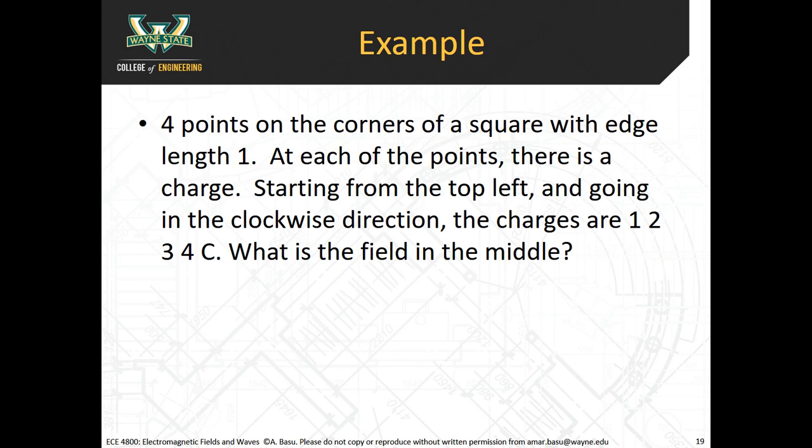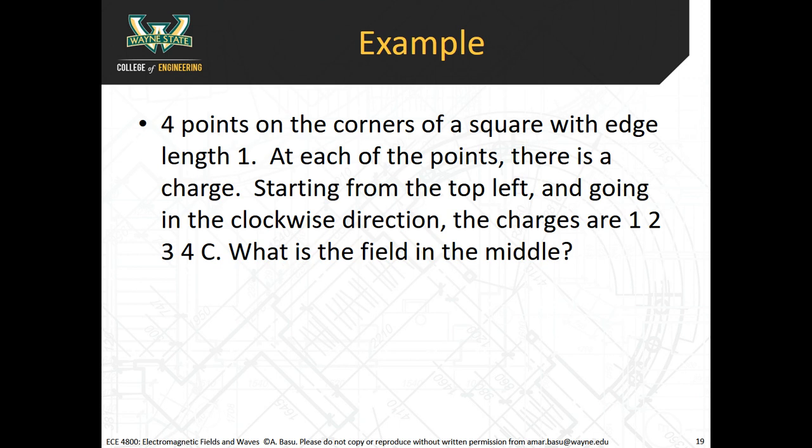The example here is that you have 4 points on the corners of a square with edge length 1. At each of the points, starting from the top left, you have charges of 1, 2, 3, and 4 coulombs. What's the field in the middle?